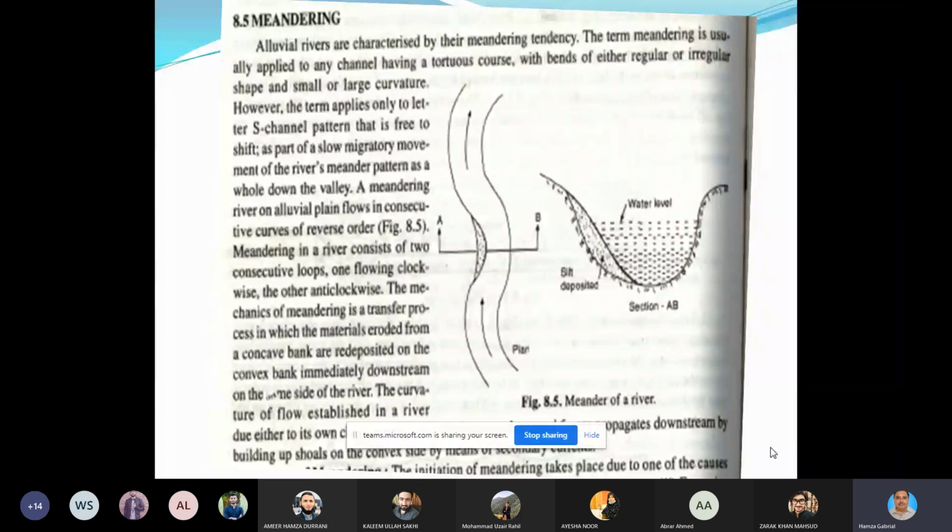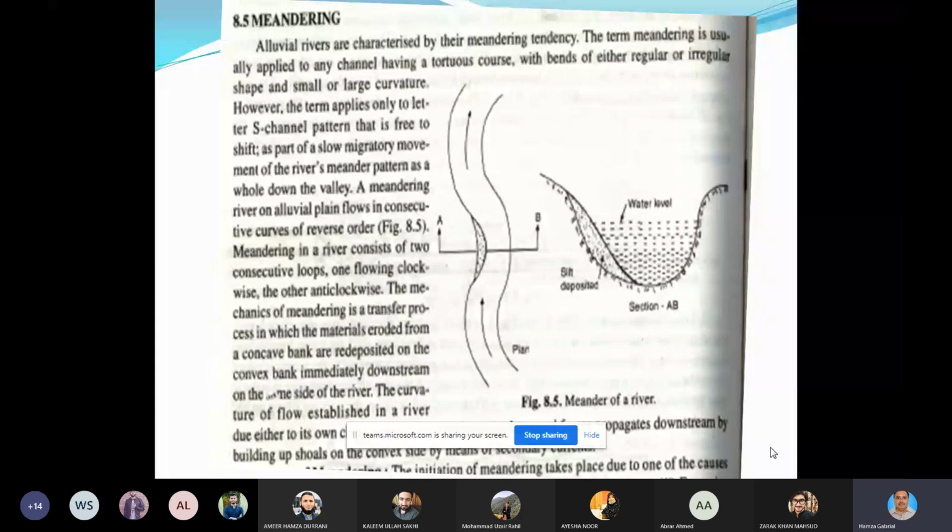So if it is flowing naturally and it is not prompted to change its path, then with the passage of time it will also literally shift its course as well. So a meandering river on an alluvial plain flows in consecutive curves of reverse orders.